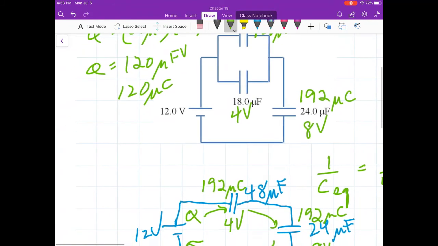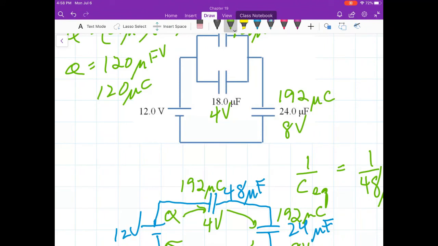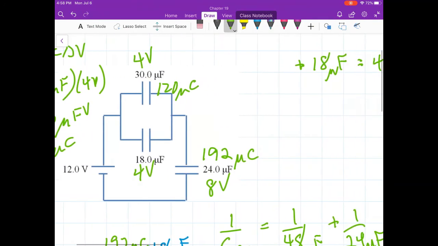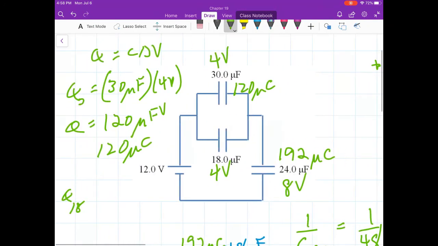What about the 18? Well, the charge on this 18 is not the same Q every time. Let's just call it Q for the 18, and this other one was the Q for the 30.